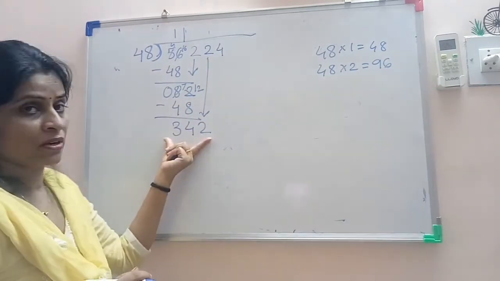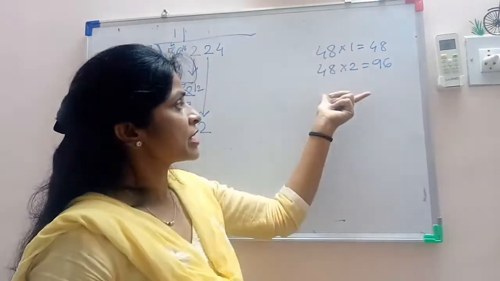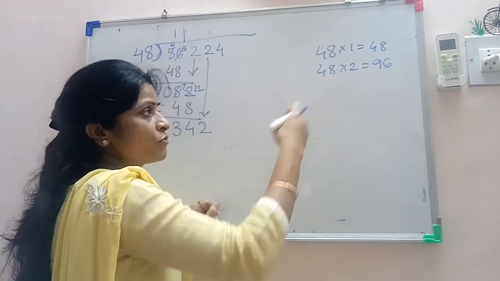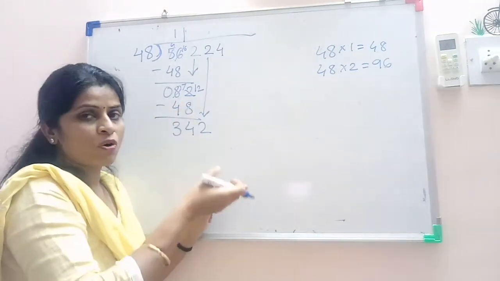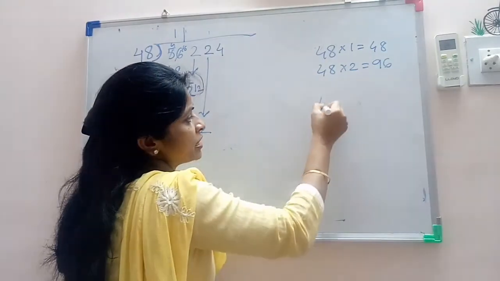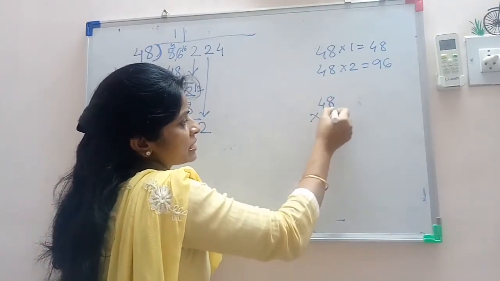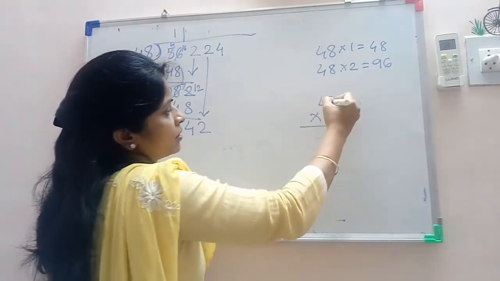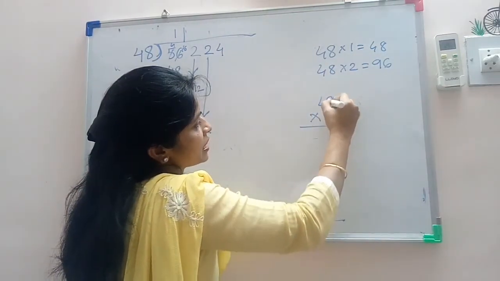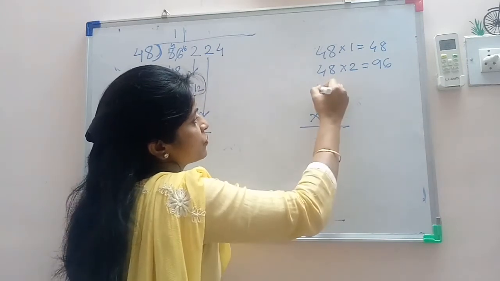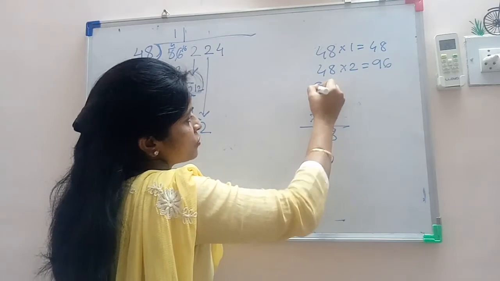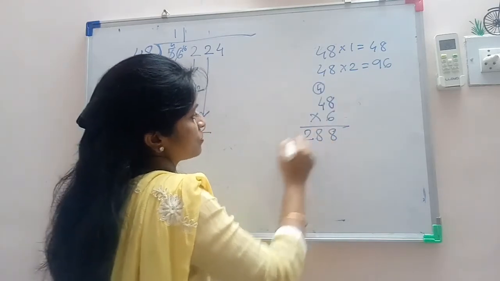Now this is the big number. Don't do multiplied by 3, multiplied by 4, because that will be the smaller number. So you better try 48 multiplied by 6. Let's try with this. 6 8s are 48, 4 carry. 6 4s are 24 plus 4 is 28. Okay.